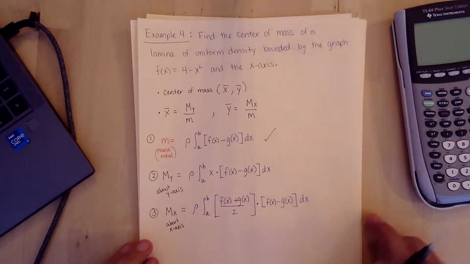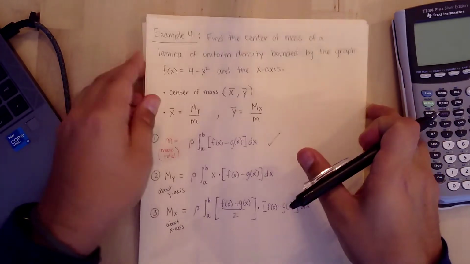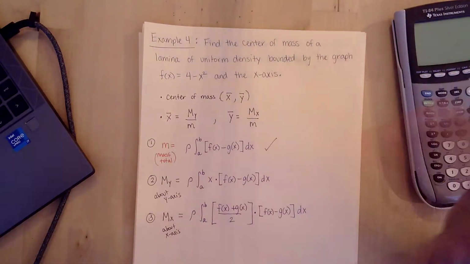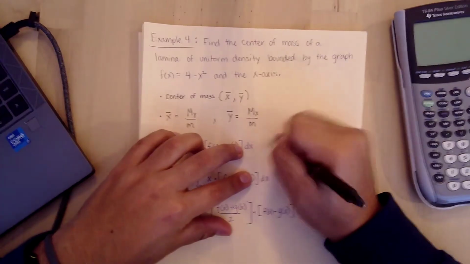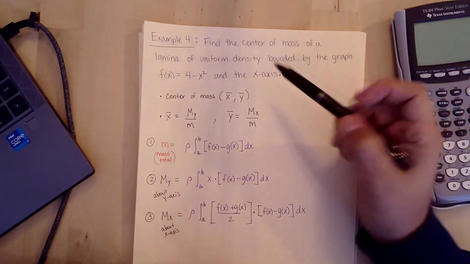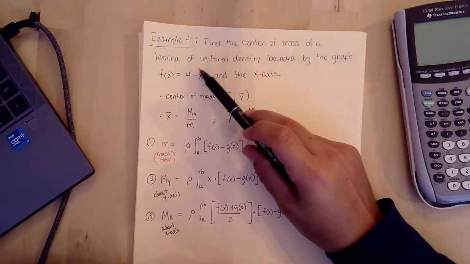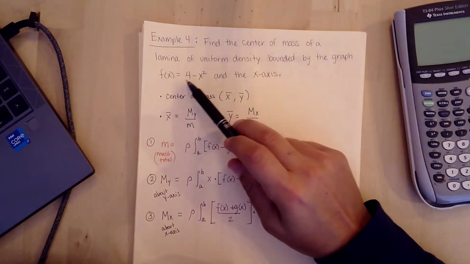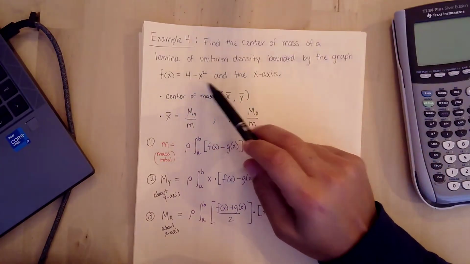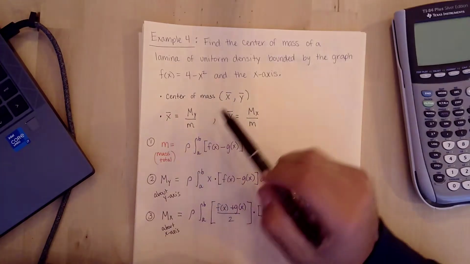We have the formulas that we need, but let's take a look at these instructions again and get our bearings. I'm going to erase this check mark because we haven't even done anything. Find the center of mass of a lamina of uniform density bounded by the graph f of x equals 4 minus x squared and the x-axis.